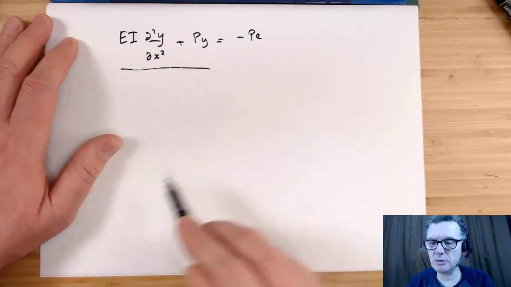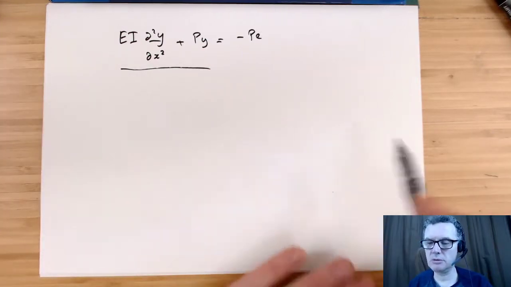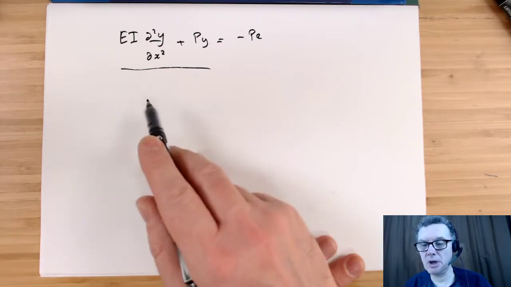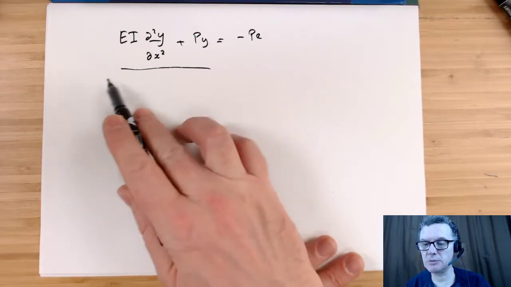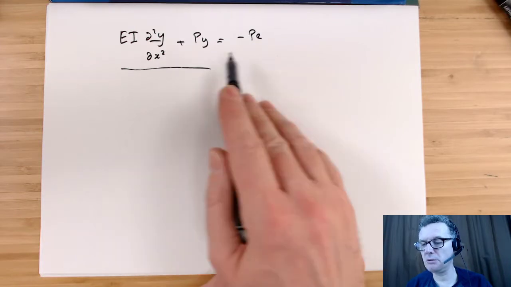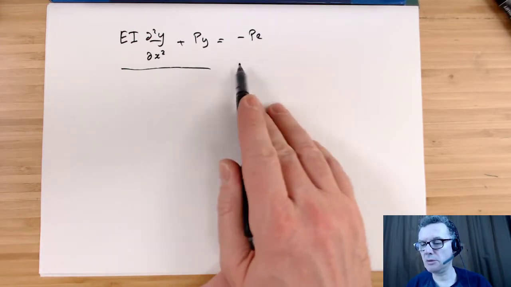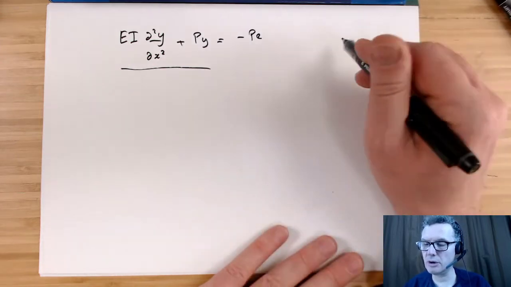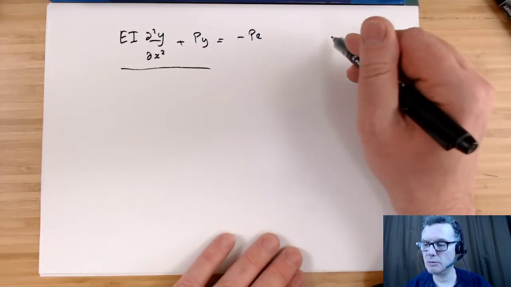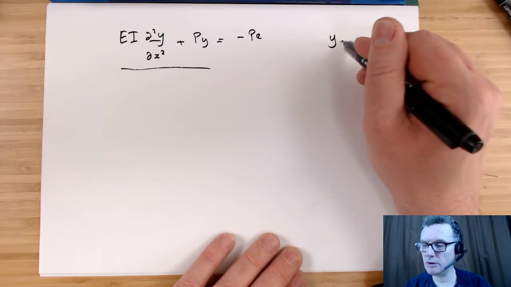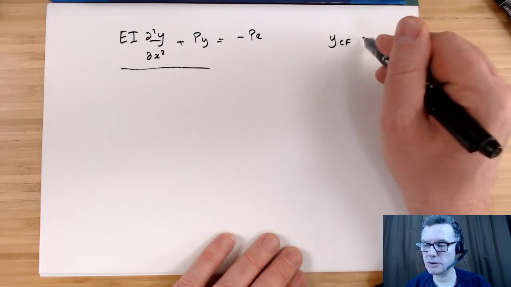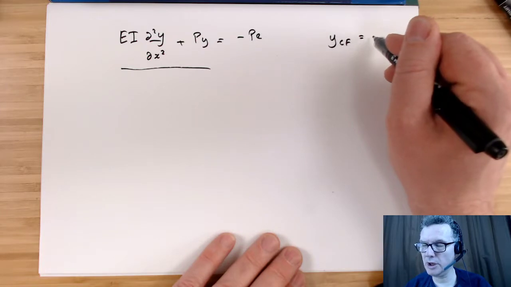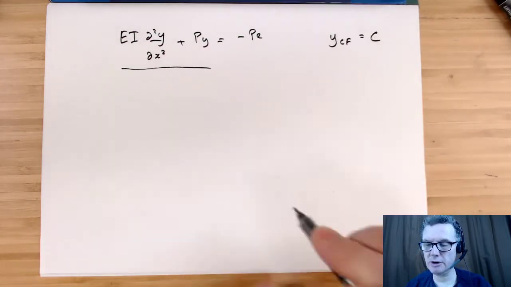So we've got a second order differential equation on this side. This will have the same solution as what we had before, so that's my particular integral. And my complementary integral here, this is a constant, so the complementary function would be a constant. So we'll try putting in c there in a minute.